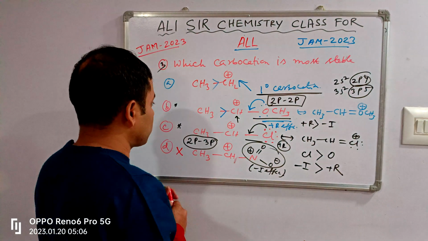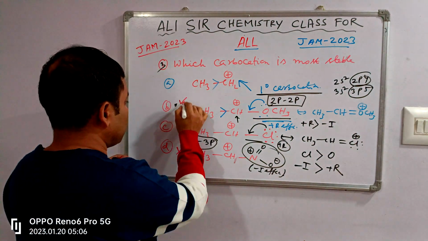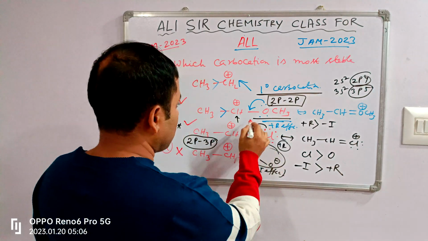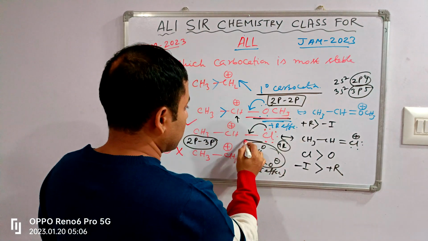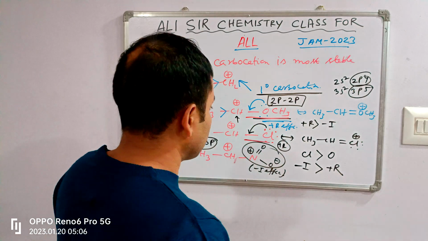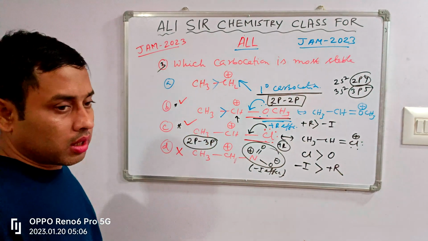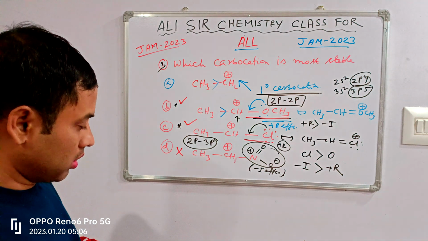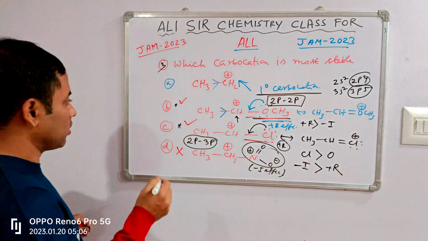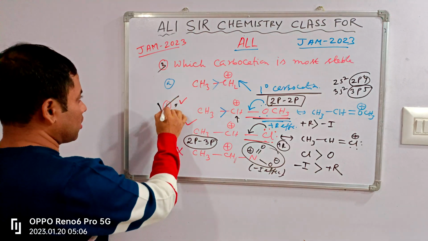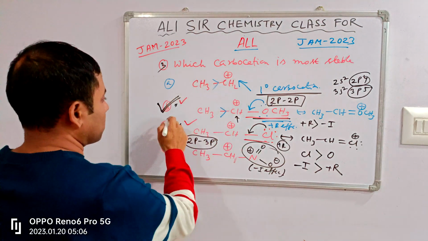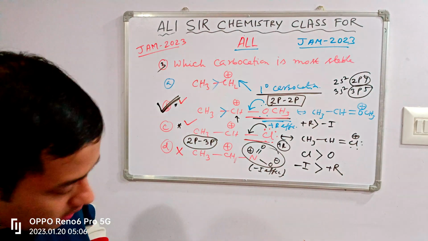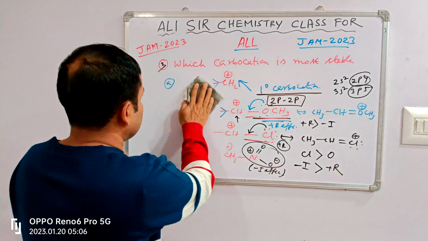So if you consider these two carbocations, B and C, the plus R effect will be maximum for the OCH3 group compared to Cl. I think this is clear for all of you. So which carbocation is most stable? The answer will be B. Now I am going to erase it.